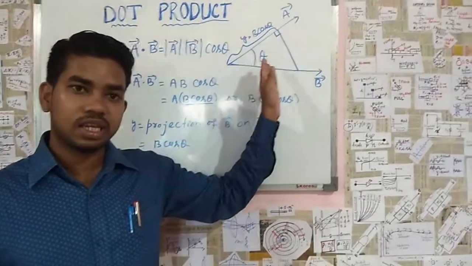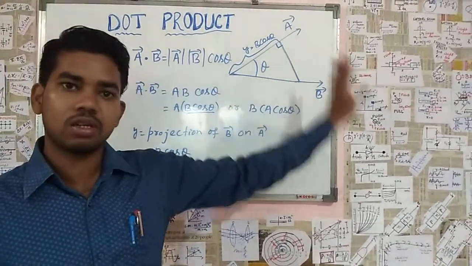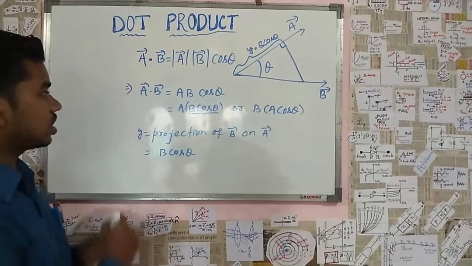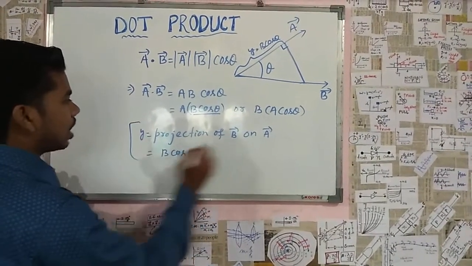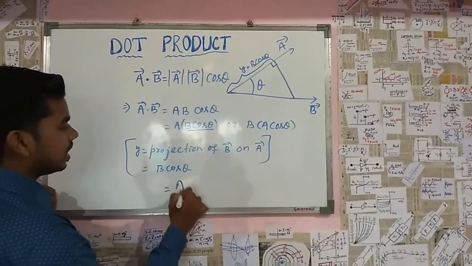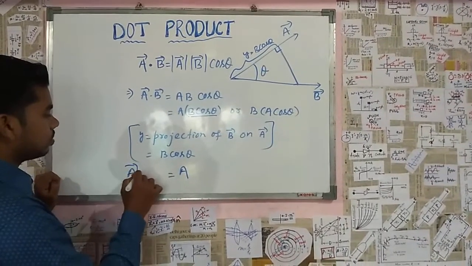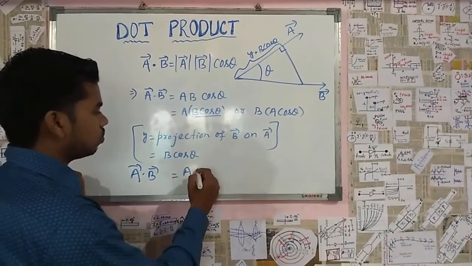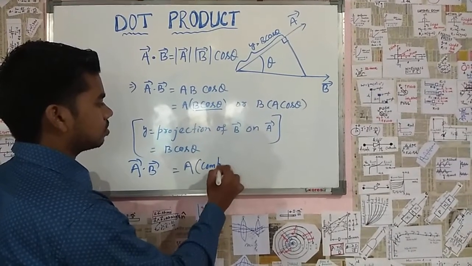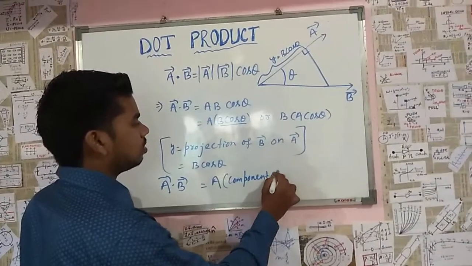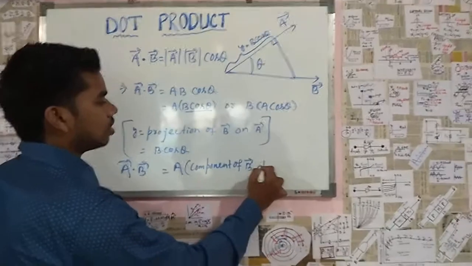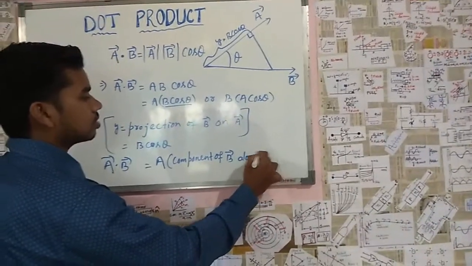That means we can say it is the component of b vector along a vector. So a vector dot b vector is a into the component of b vector along a vector.